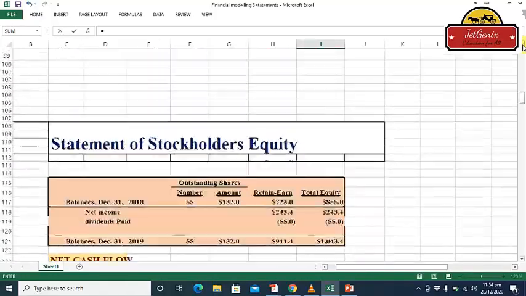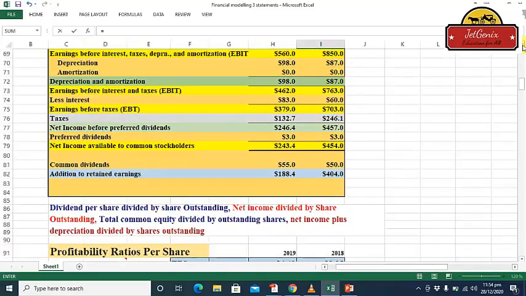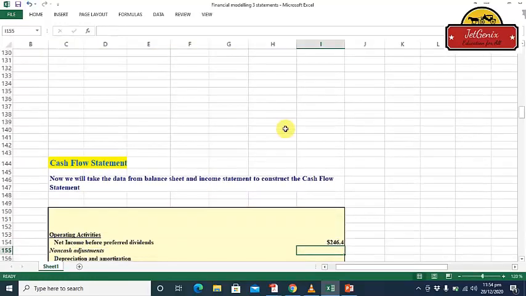All these things we have calculated. Here it is for 2019, so I'm going to select it and press enter. Now you can see the net income before preferred dividend is 246.4 million.